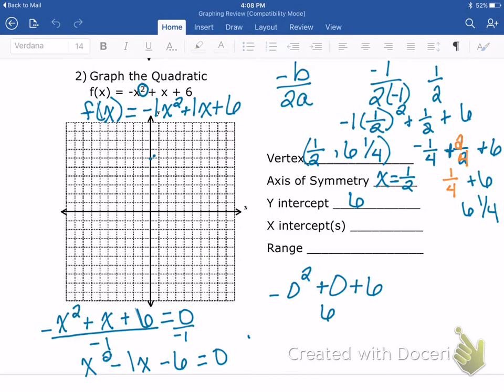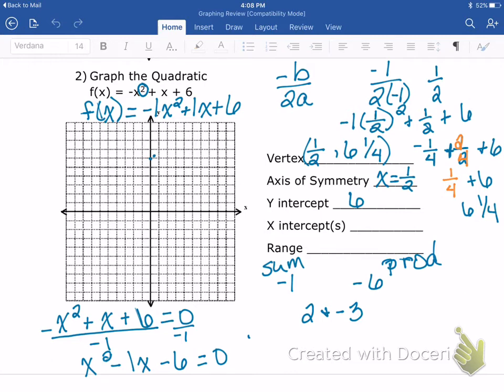So what I am looking for here is two numbers where my sum is negative 1 and my product is negative 6. So if I have the numbers positive 2 and negative 3, when I add those two numbers together, I get negative 1.